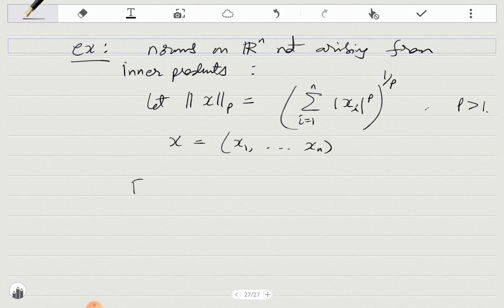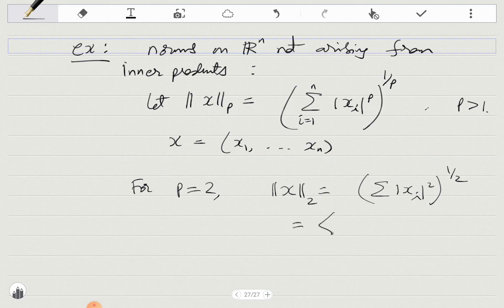For p equals 2, it is something that we are familiar with. It's just the Euclidean norm. I square the entries and then take the square root, and I know that this is just the square root of the standard inner product on R^n.